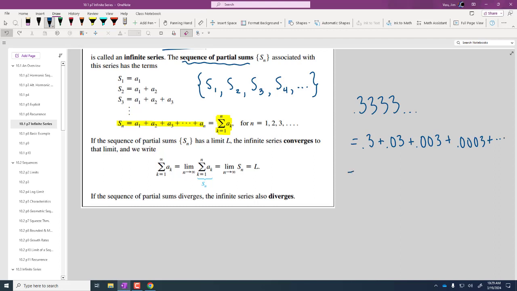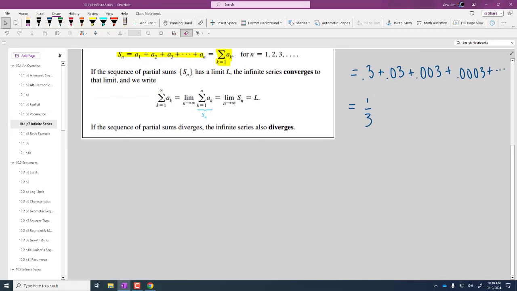And if you want to think of this in terms of partial sums, you're thinking about this sequence. 0.3 is S sub 1. 0.33 is S sub 2. 0.333 is S sub 3.